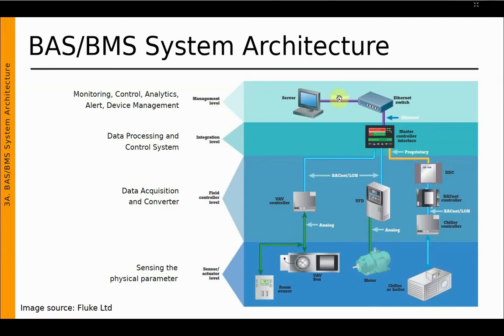At the management level, we can see monitoring and also controlling, and the supervisory level. At this level, we can also set analytics and alerting and also device management. So it's very crucial to know this architecture before we deep dive into the building automation system.